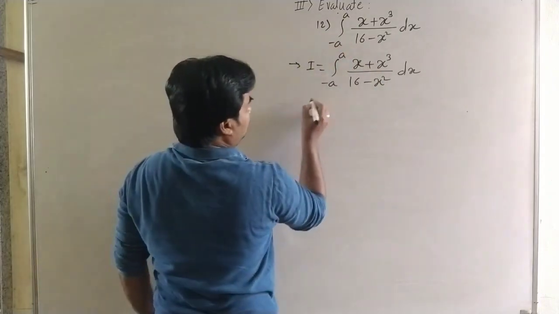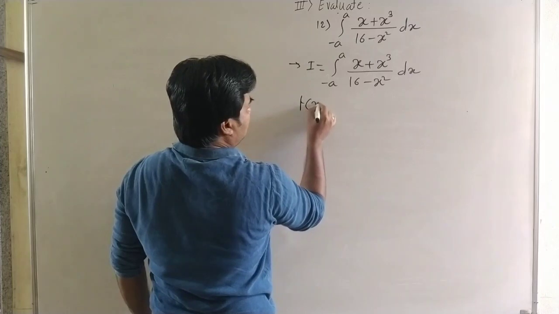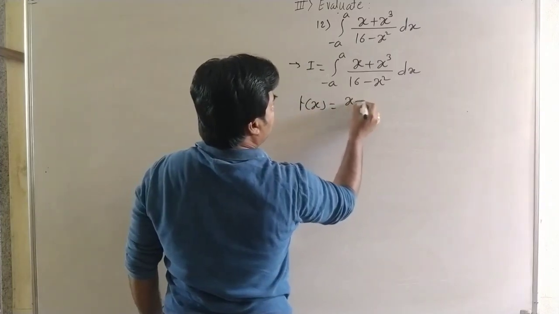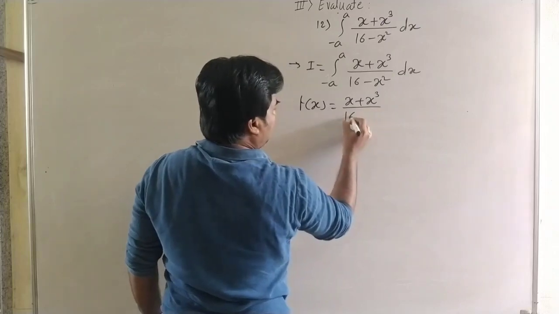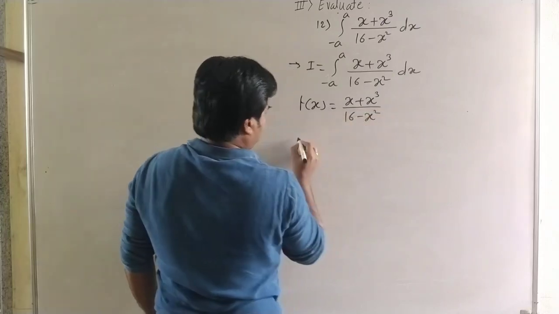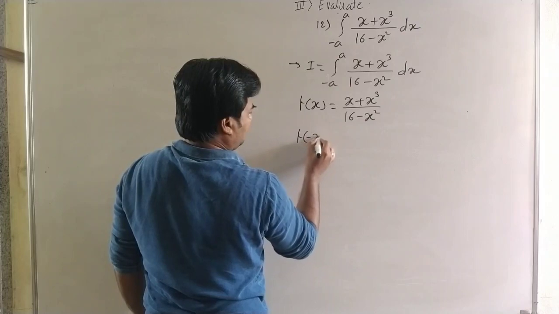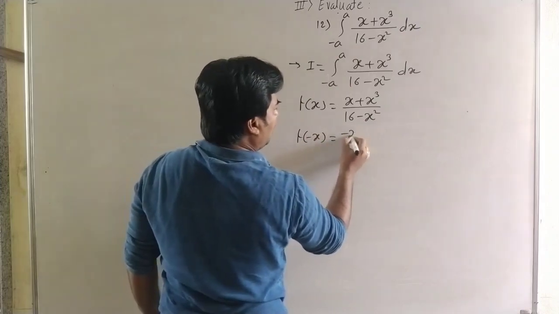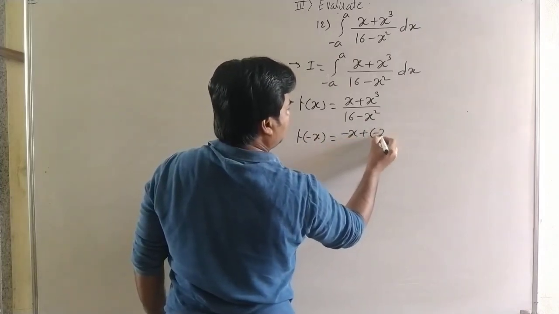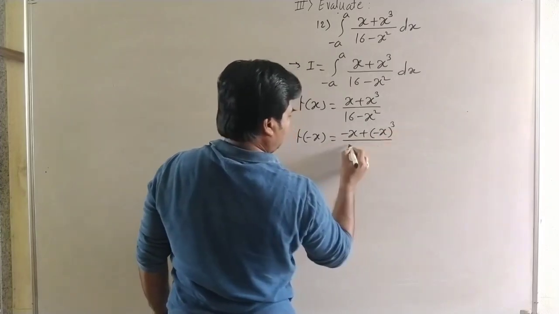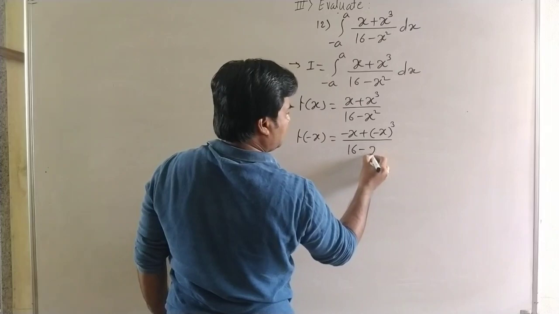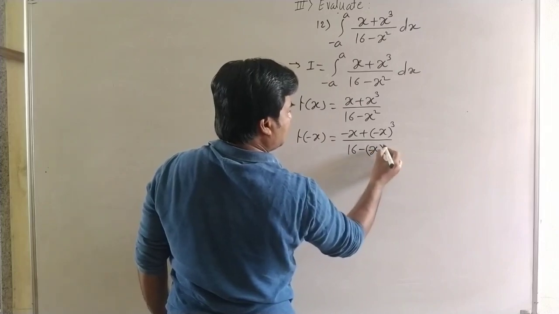Okay, now here f of x is x plus x cube upon 16 minus x square, then f of minus x is equal to minus x plus minus x whole cube upon 16 minus x square.